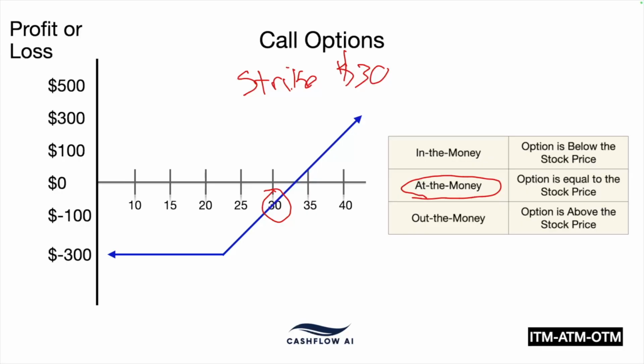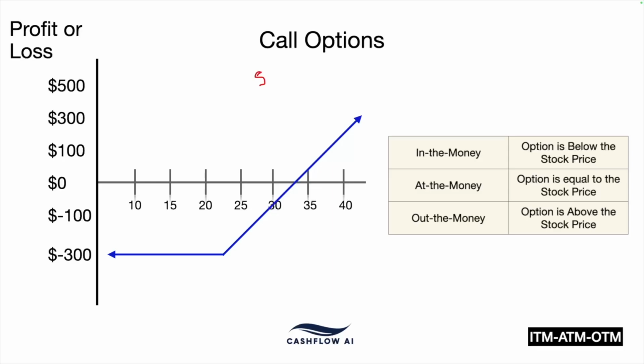The option is equal to the stock price. So because the stock is at 30 and we have the right to buy it at 30, that option has no intrinsic value. It only has time value. So currently, whatever we're paying for this is just based off of the expected move or what could happen in the next 7 days, in the next 30 days, in the next 60 days, okay? That is how you get an at the money call option.